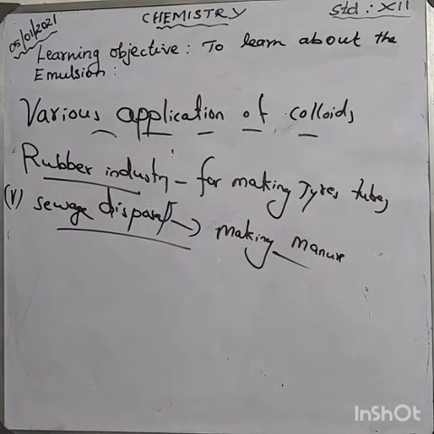The sewage contains mud and some wastes dispersed in water. When an electric current is passed, the waste material is deposited, which can be used as manure. That is about sewage disposal.